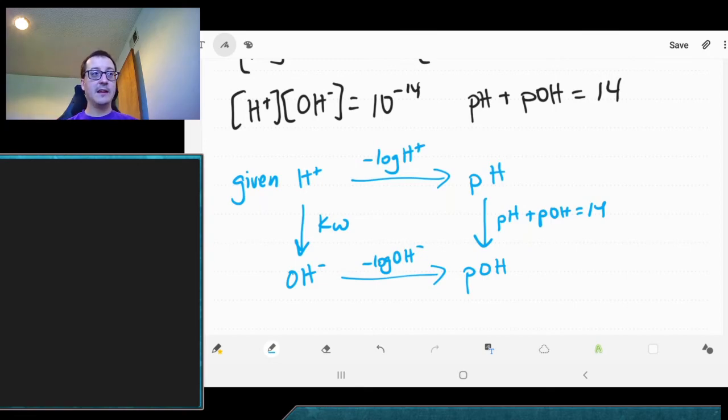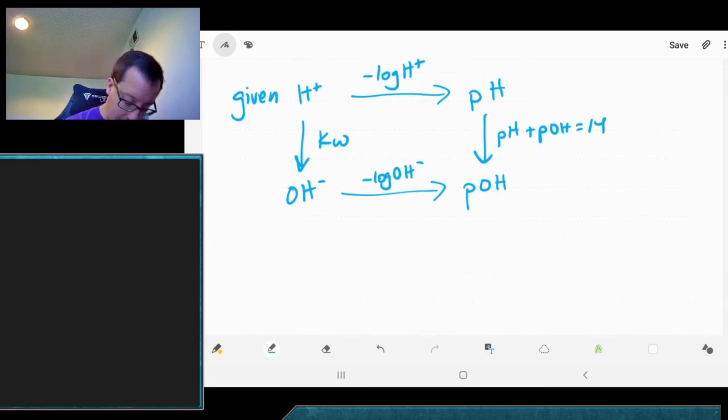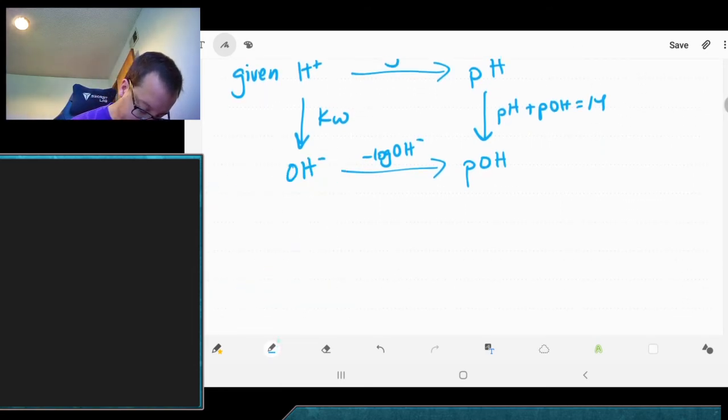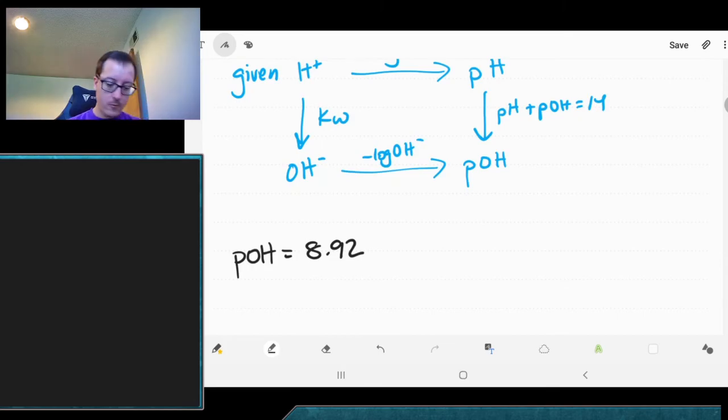So I can give you pH, you can calculate H plus, pOH and OH minus off of that. Or I can give you pOH and you calculate the other three. And so we have a lot of fun things I can do with it. So let's do it. All right, I'm giving you a pOH.